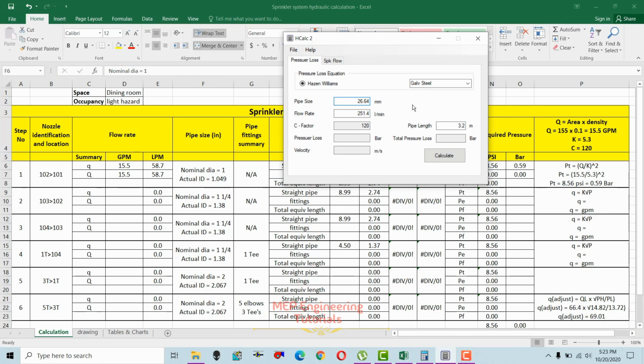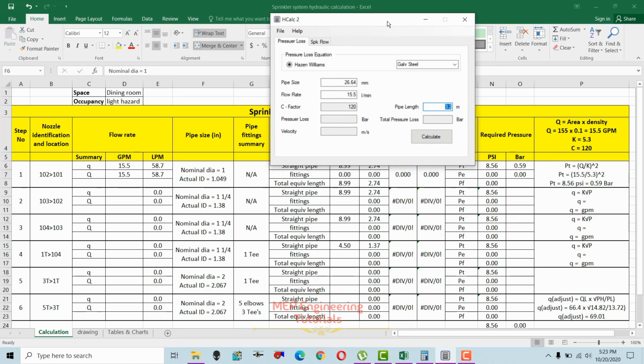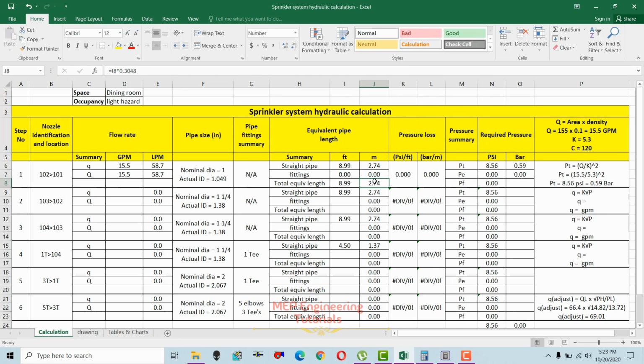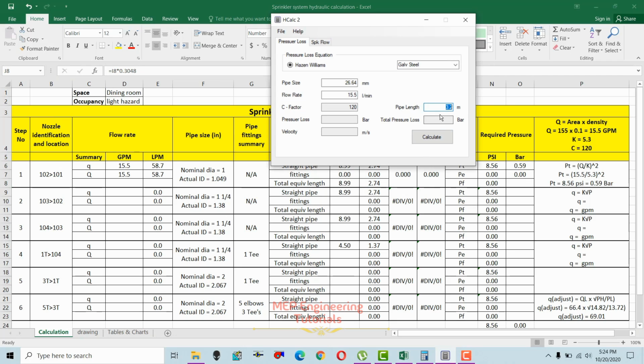And the flow rate, total flow rate is 15.5. The C factor is already selected, and the total equivalent length we used in here is 2.74 meters.